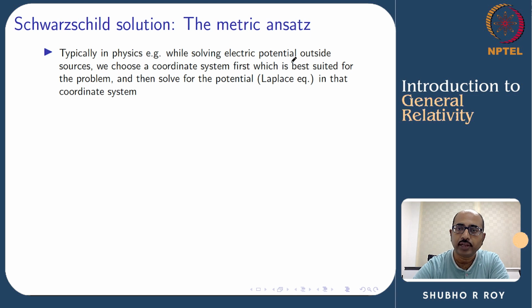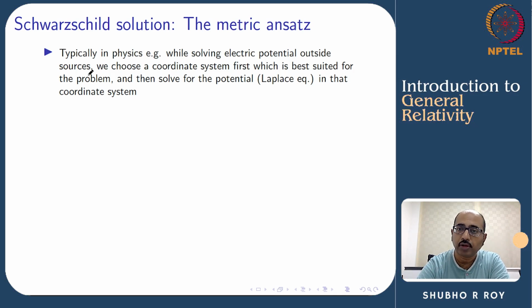And while solving for the electric potential outside the sources, in electromagnetism or electrostatics, what we do is we choose a coordinate system which has that symmetry, right? Spherical symmetry. So we will convert to spherical polar coordinate system and then work out the solution.